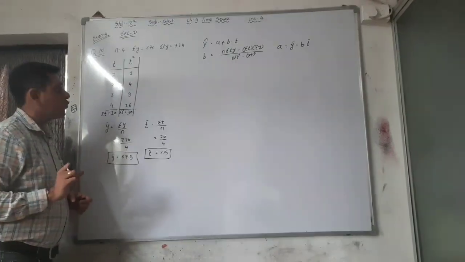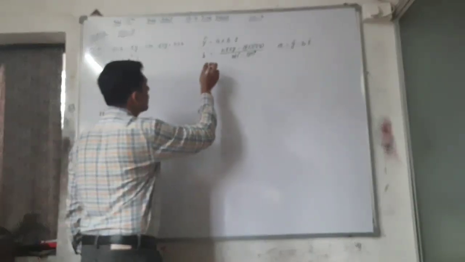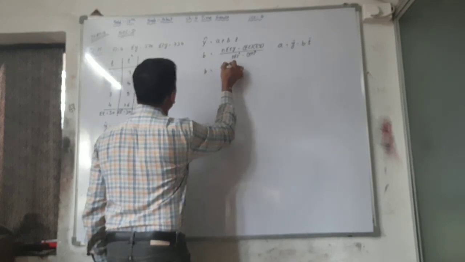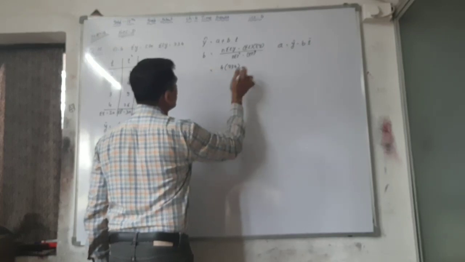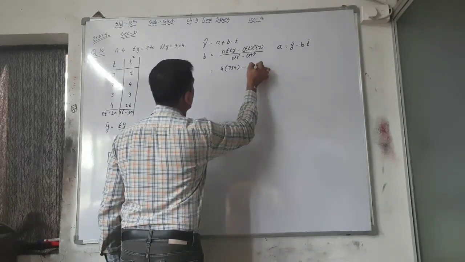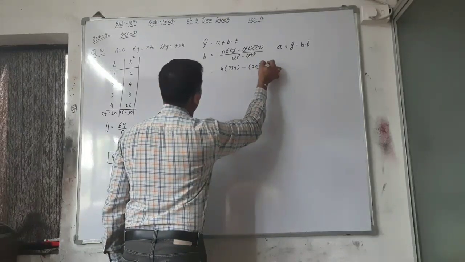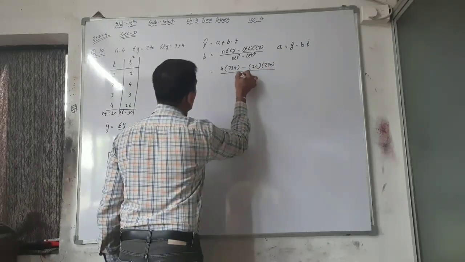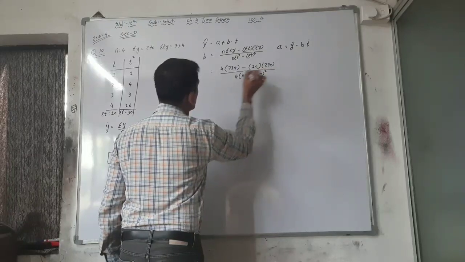Now we have to write this information in this formula. Now B is equal to 4 into 734 minus sigma t is equal to 10 and sigma y is equal to 270, upon 4 into 30 minus 10 square.